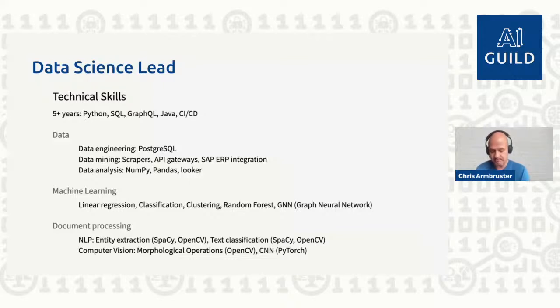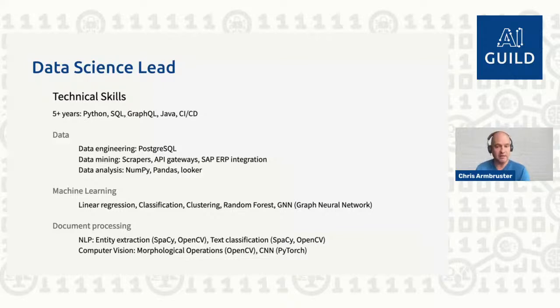So this isn't kind of like your knowledge or what you learned at university or something like this, or you learned in a boot camp. It's what you do. You do every day where you're an expert. So technical skills here, 5 years, Python, SQL, GraphQL, Java, CI/CD.